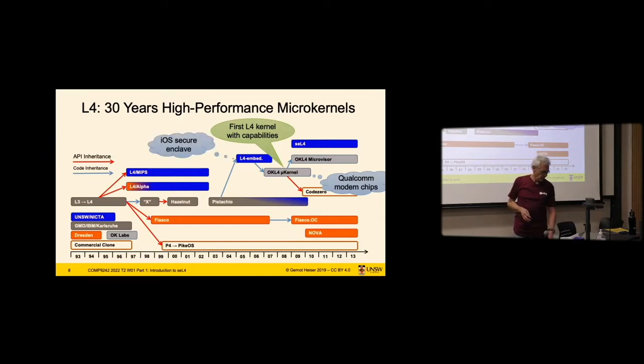And an earlier version, about 5 or 10 years after that, went into the secure enclave of all recent iOS devices. So if anyone has an iPhone or an iPad, one of our L4 systems is running there on the secure enclave, the coprocessor that does all the key management and fingerprinting, etc.